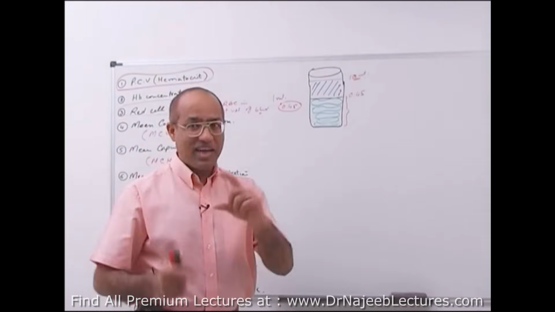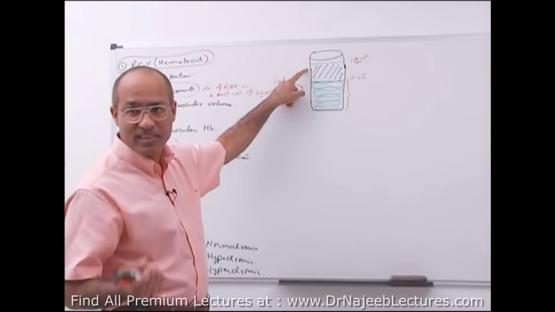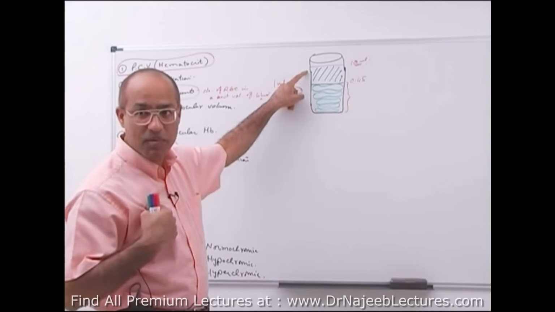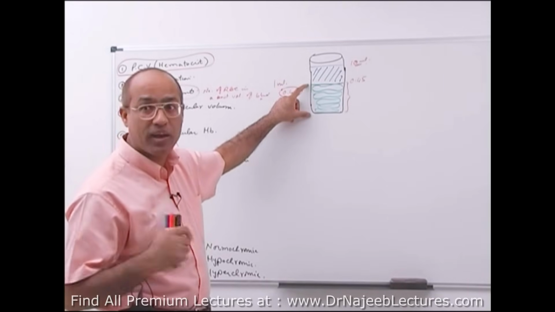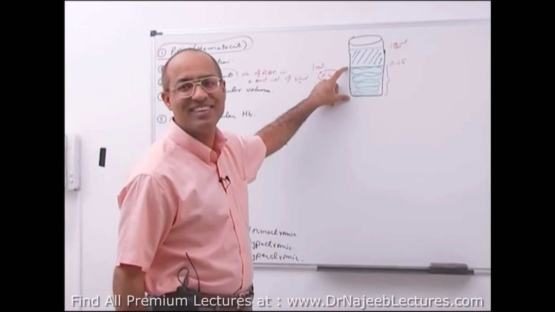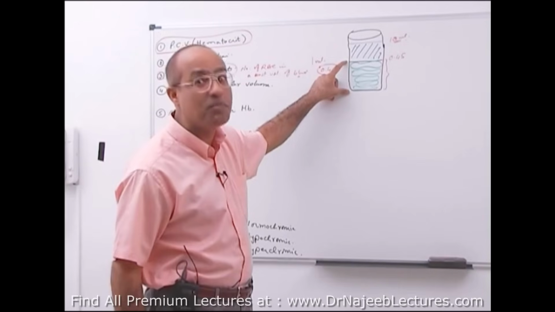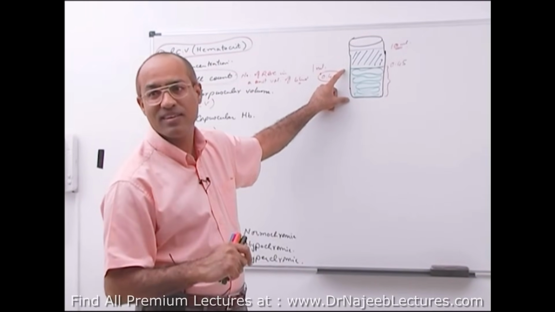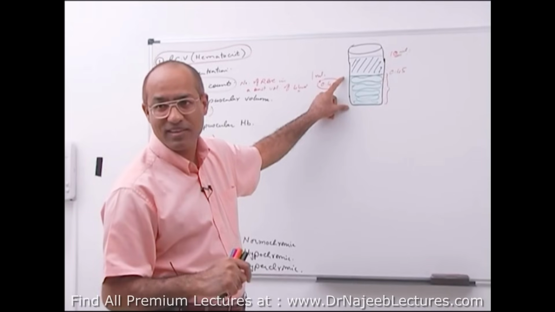Listen carefully. If this is 100 ml blood from me, in 100 ml of my blood, RBCs will occupy how much volume? 45 mL. Now I'm talking about volume, not number. This is what I want to put in your mind. These two terms are different. Is that right?